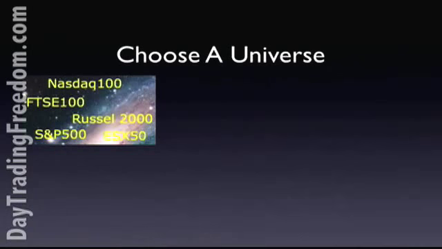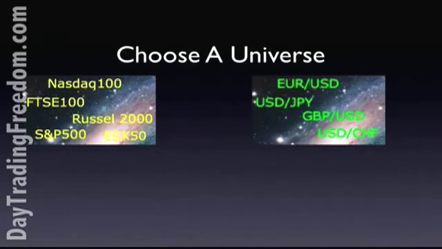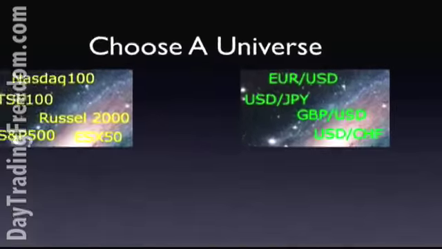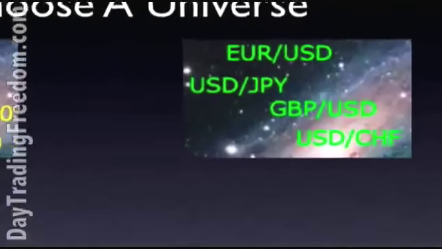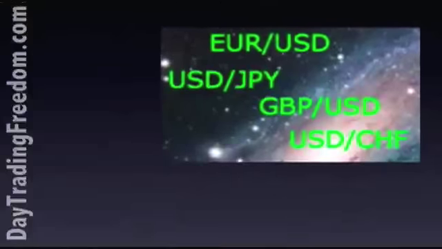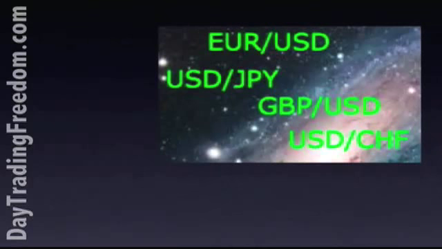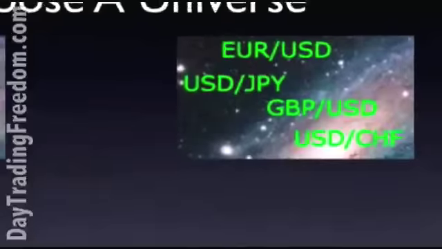Another universe that's very popular is Forex, foreign exchange currencies, and probably a slightly bigger universe than futures. You've got various different pairs of currencies that you can trade: euro against the dollar, dollar against the yen, pound against the dollar, dollar against the Swiss franc. In fact, there are several hundred different pairings, but it's a bit like futures.